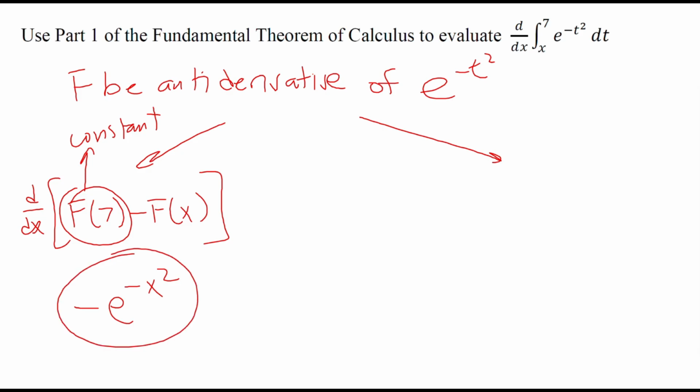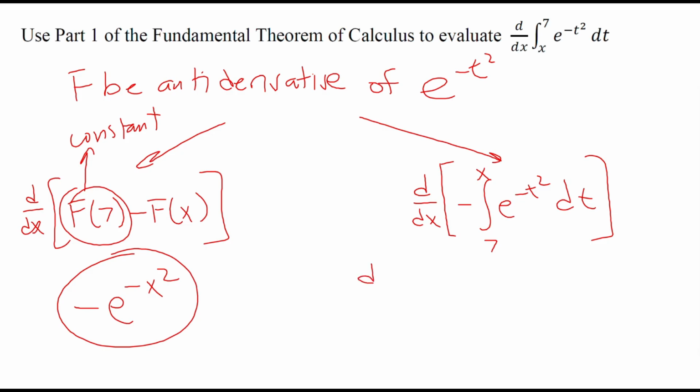The other option is we can use the rule that says you can flip the limits of integration of something if you make it negative. So this is now just the integral from 7 to x of e to the negative t squared dt, which just ends up being the same thing.